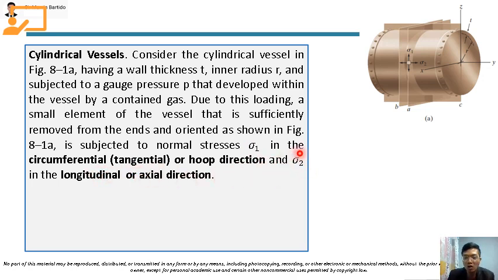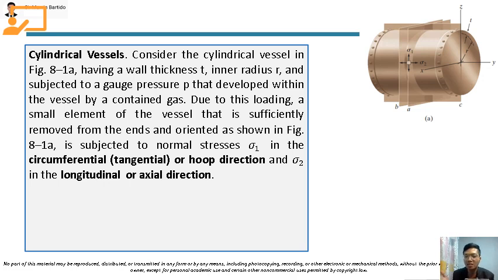So sigma 2, we call this the longitudinal stress. We can solve for these normal stresses, sigma 1 and sigma 2. Again, sigma 1 is the circumferential or tangential stress, while sigma 2 is the longitudinal stress. We can get these stresses by cutting the vessel.